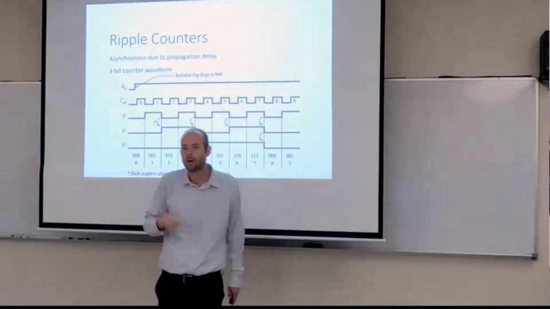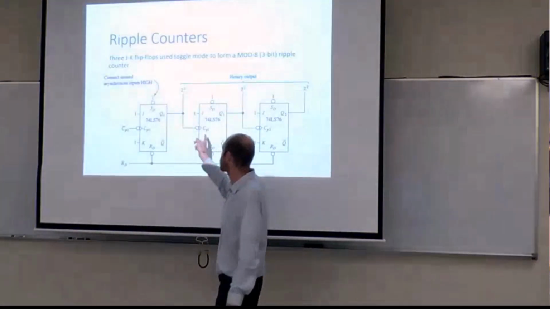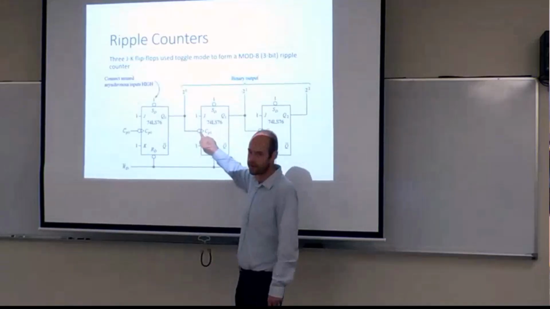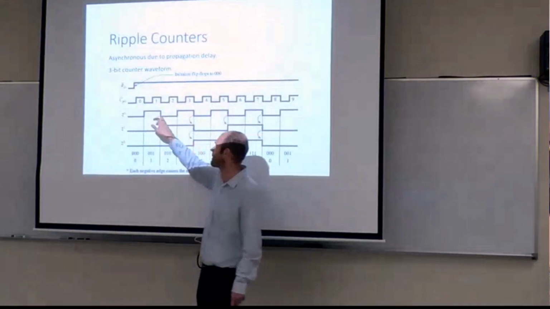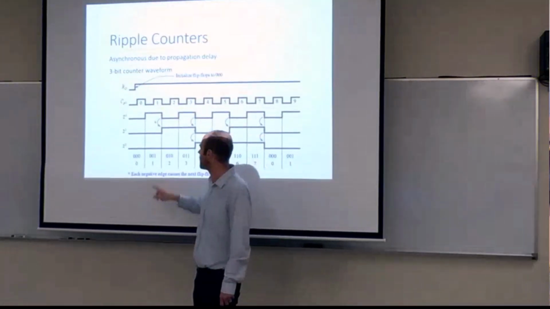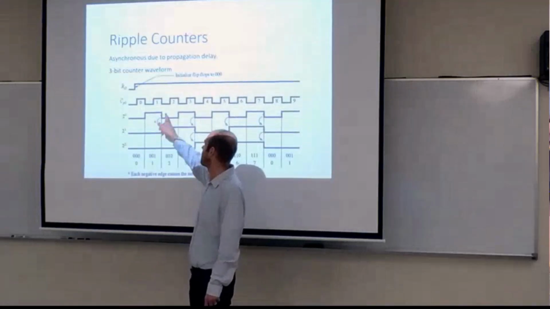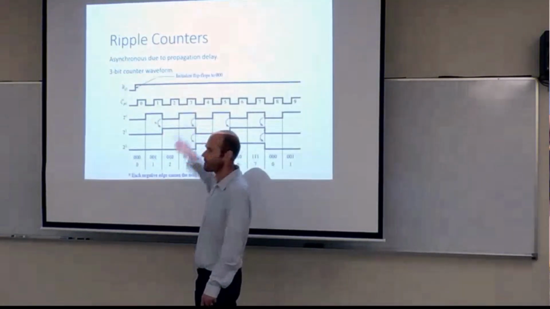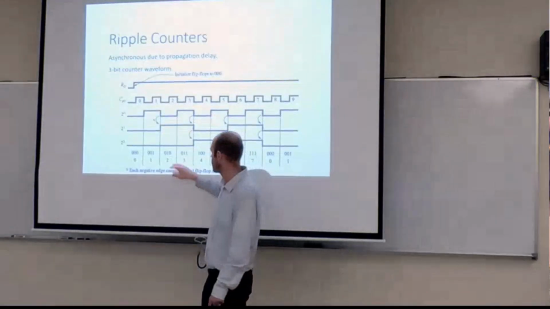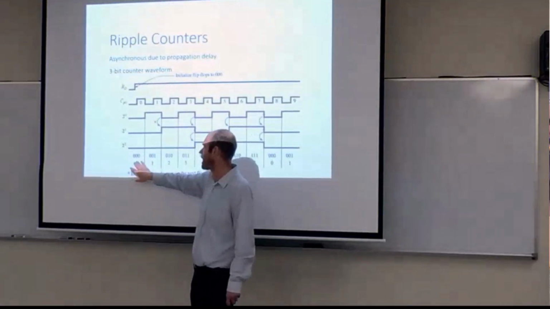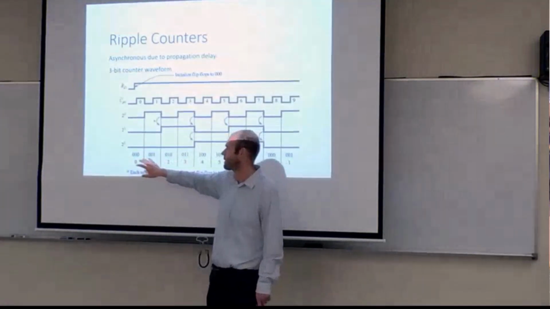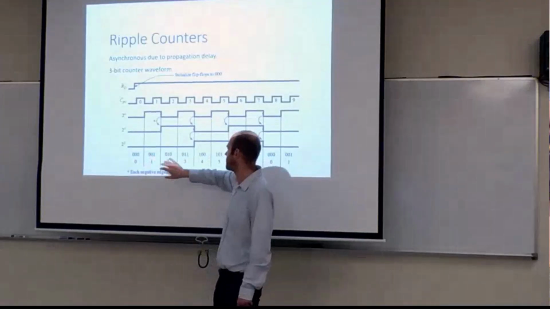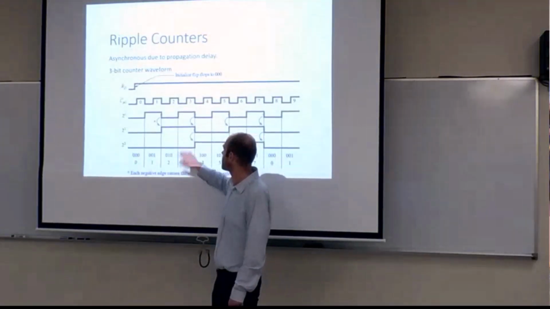Q0 going low is a falling edge that triggers the second flip-flop. So at the falling edge of the first, which is 0, 0, 1, that first bit goes back low and the second bit goes high, and it becomes 0, 1, 0. Note our count is still going in binary order: 0, 0, 0, 0, 0, 1, 0, 1, 0, 0, 1, 1.